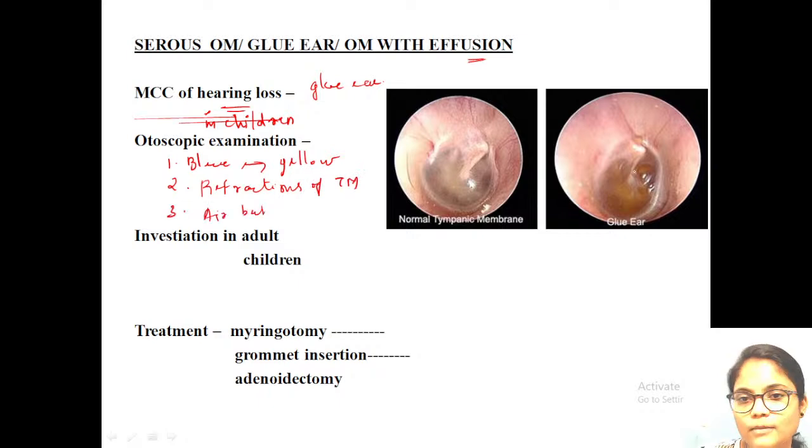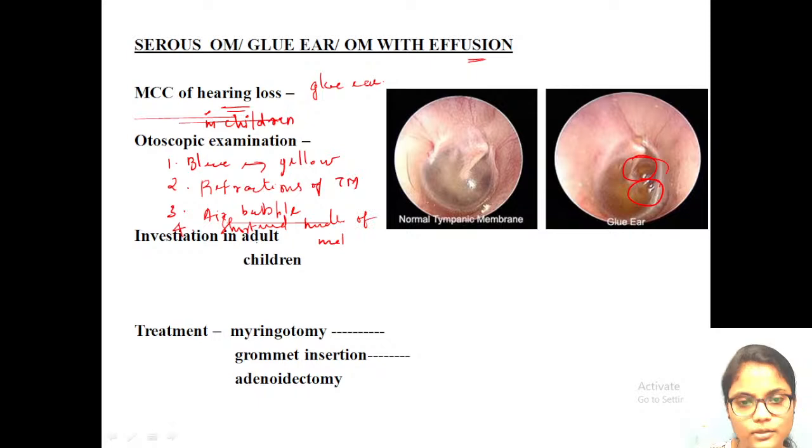Can you see these air bubbles? Yes, those are the air bubbles present in glue ear which you can see on otoscopic examination. The next thing is you will have a shortened handle of malleus.